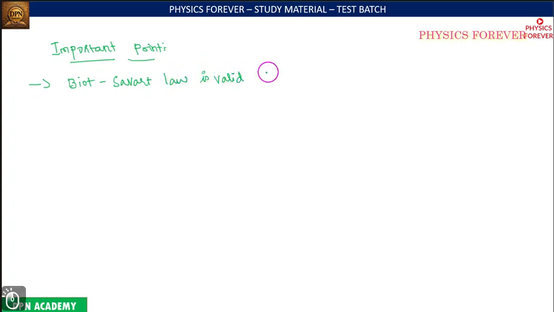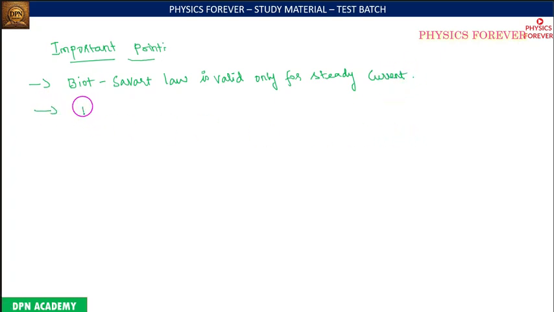Next, some important points related to Biot-Savart's law. What is the first point? Biot-Savart's law is valid only for steady current, that is magnetostatics.